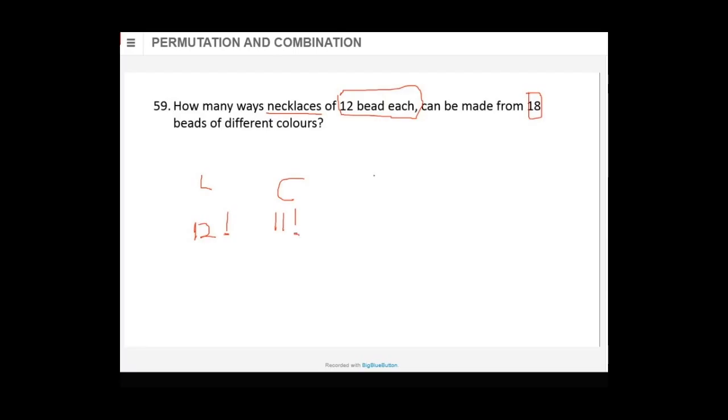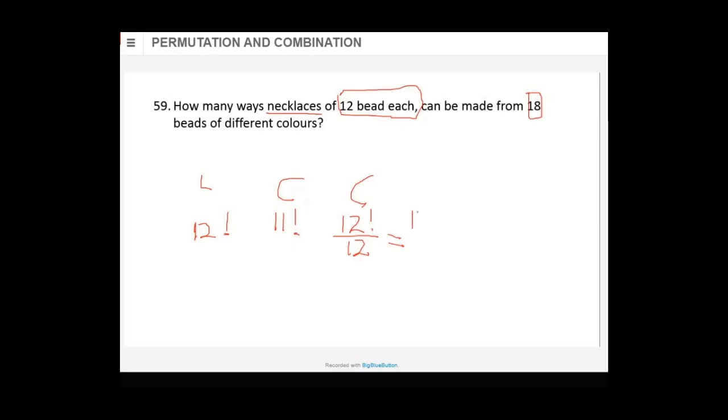Another way to say circular is you say 12 factorial divided by 12. That is another way to say that. Now, 12 factorial divided by 12 is nothing else but 11 factorial. How do you write 12 factorial?